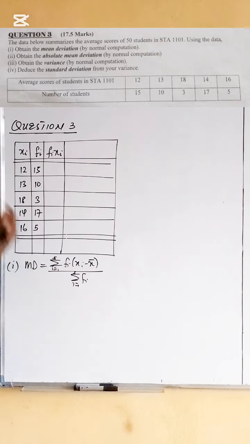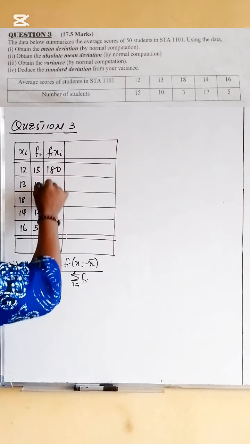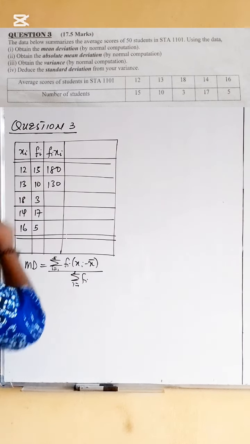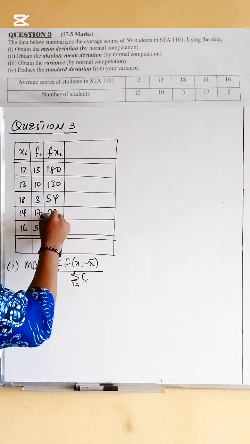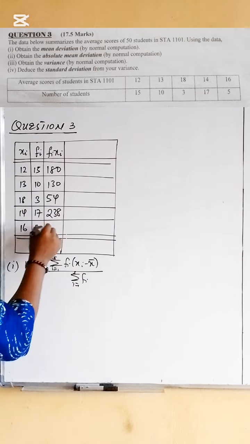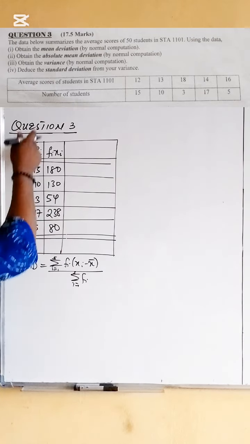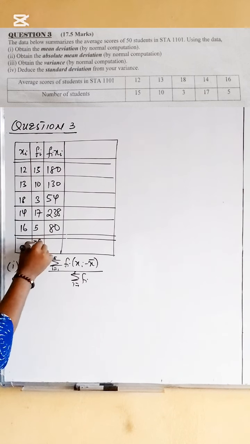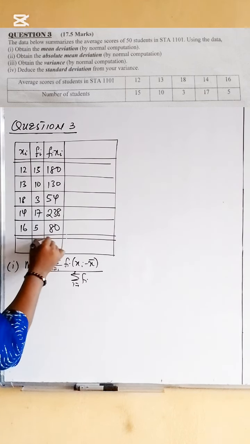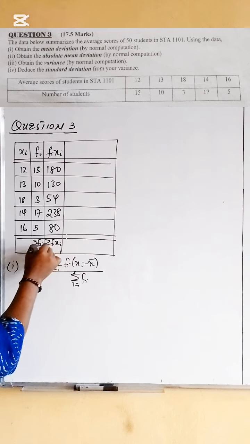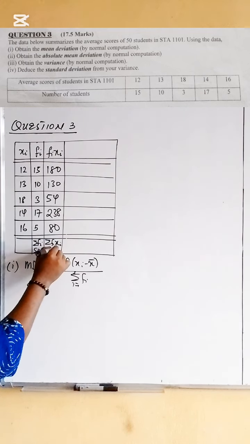In this column, let's multiply 12 times 15, which gives us 180, and 13 times 10 will give us 130. 18 times 3 will give us 54. Then 14 times 17 will give us 238. 16 times 5 will give us 80. So summation fi will be equal to 50. Summation fi xi will give us 682.